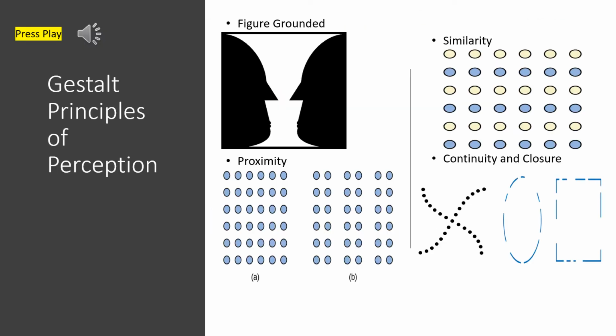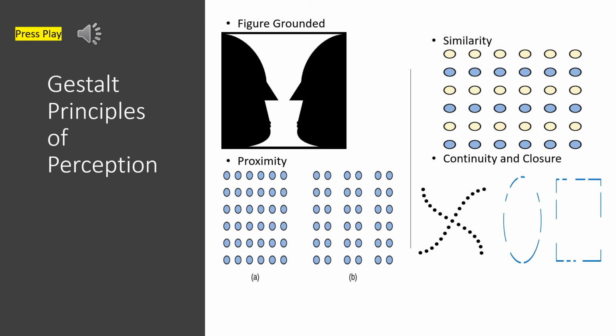In Gestalt's principles of perception, we have the five main ones: figure-ground, proximity, similarity, continuity, and closure. The principles of perception seek to explain why we perceive things the way we do. Okay?